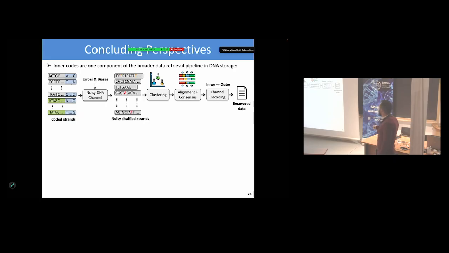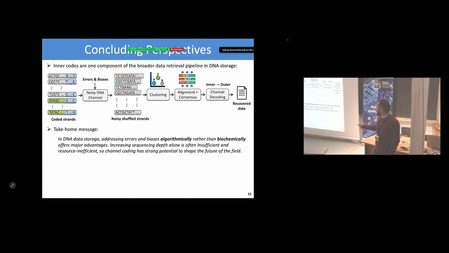And with the channel decoding, you do the inner decoding and then you do the outer. All I explained today is this inner part of the channel decoding. So I did not present a complete end-to-end solution that can be applied in DNA storage. I'm just saying one part of this pipeline I can use GC plus codes for. But what you use in other places is something else.